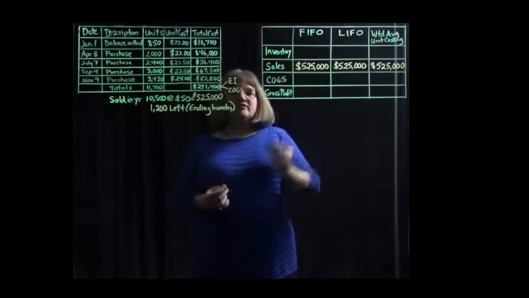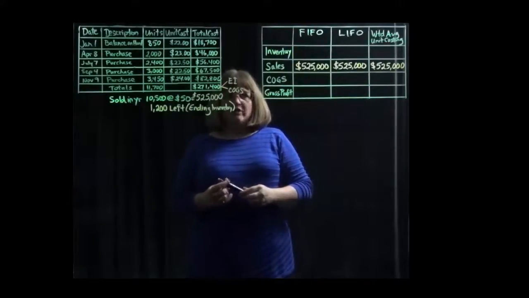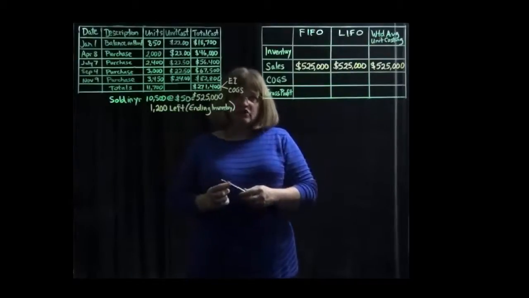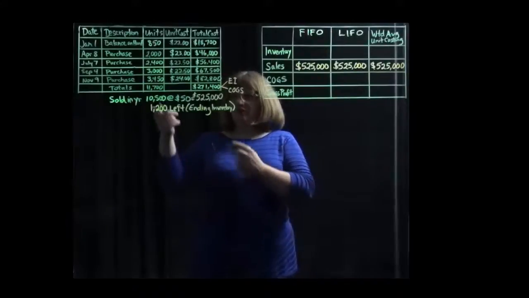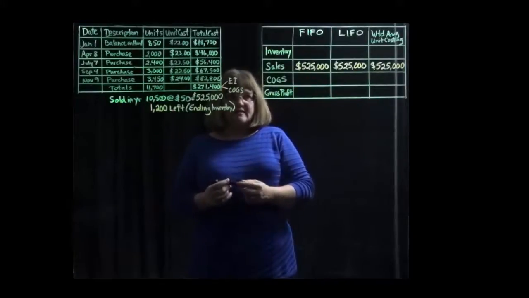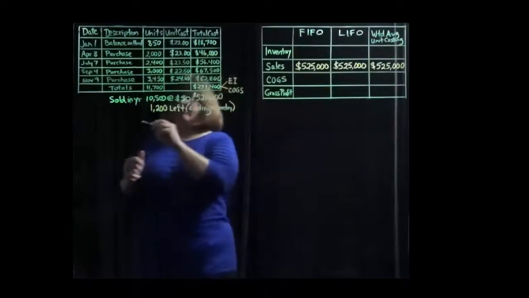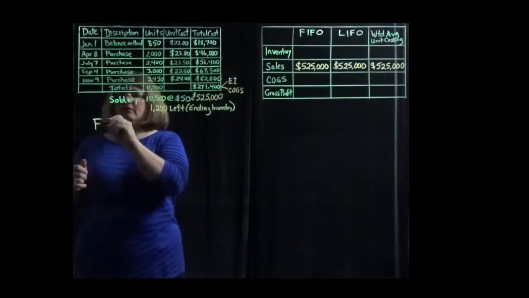Under this method, we assume that the oldest items were sold, the first in was the first out, and that the newest items are still on hand. So the 10,500 units that we sold consisted of, first of all, our 850, so let me write FIFO here.